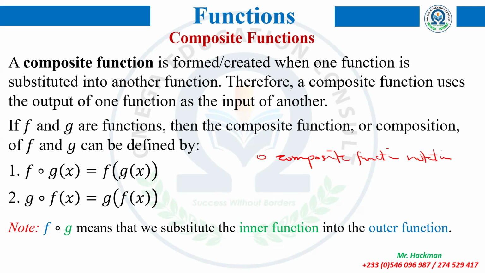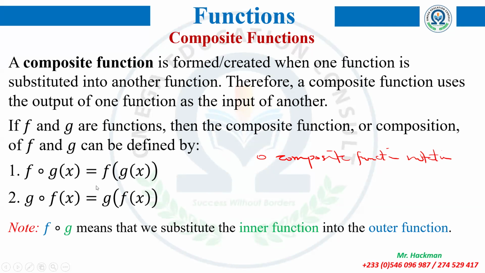So I said you can form your composition in 2 ways with the functions f and j. One of the ways will be what we have here, f of j, meaning the composite of f and what? And g. So the small o that we have there is read as "of", the letter o. So this will be read as f of g.